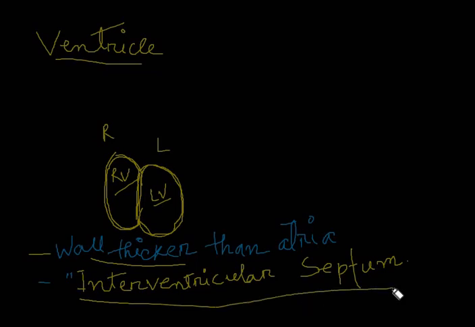Interventricular septum separates right ventricle from left ventricle. This septum is composed of thick fibrous tissue.